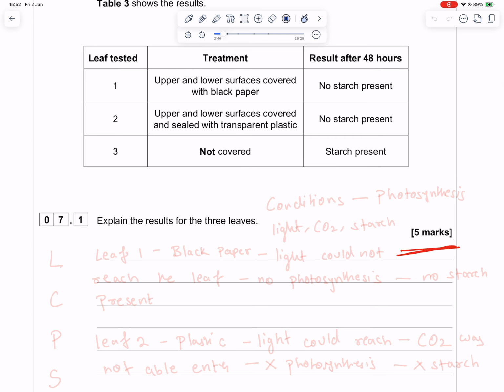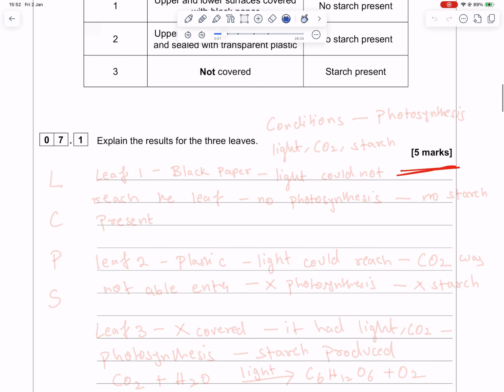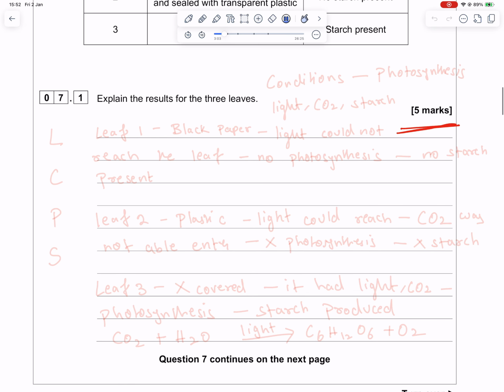For leaf 1, upper and lower surfaces were covered with black paper. For leaf 2, upper and lower surfaces were covered and sealed with transparent plastic, and leaf 3 was not covered at all. For the leaf covered with black paper on both surfaces, there was no starch. The one covered with transparent plastic also had no starch, but for leaf 3, there was starch present.